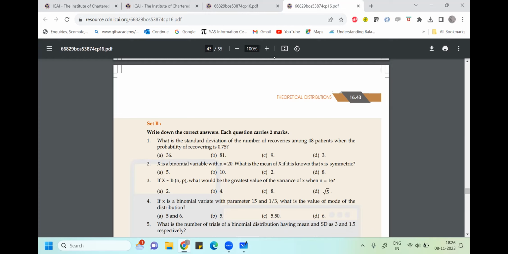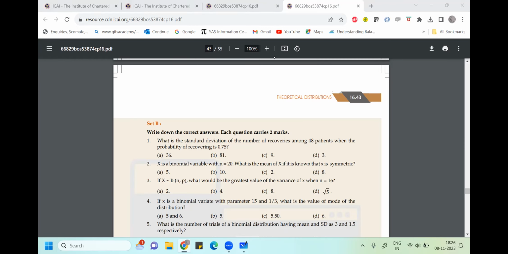The greatest value of variance would be 4. Just now I told you the formula, n by 4. You get the maximum variance if your p and q are equal to 1 by 2, 1 by 2.